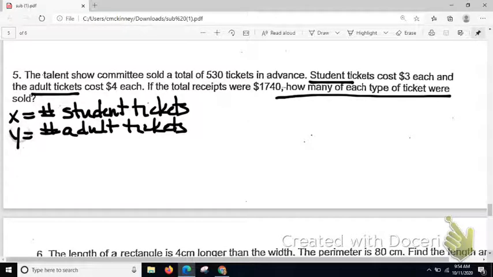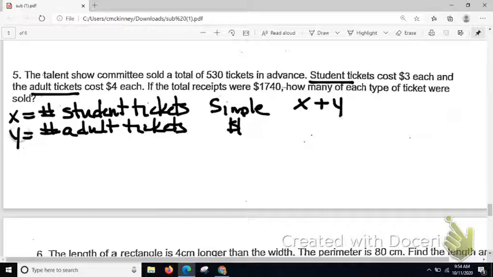And like I said, we're going to have a simple equation and a money equation. So my simple equation is just going to be that X, the student plus the adult tickets, the total number of tickets is 530.